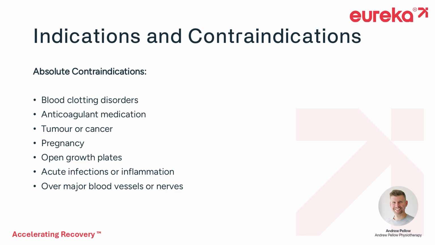Pregnancy, we avoid using the treatment over or near the uterus and lower back. Open growth plates. The treatment is not for children or adolescents with incomplete bone growth. Acute infections or inflammation, local skin infections, cellulitis or wounds in the treatment area are avoided. Over major blood vessels or nerves, for example, we would not use the treatment over the carotid artery in the neck.